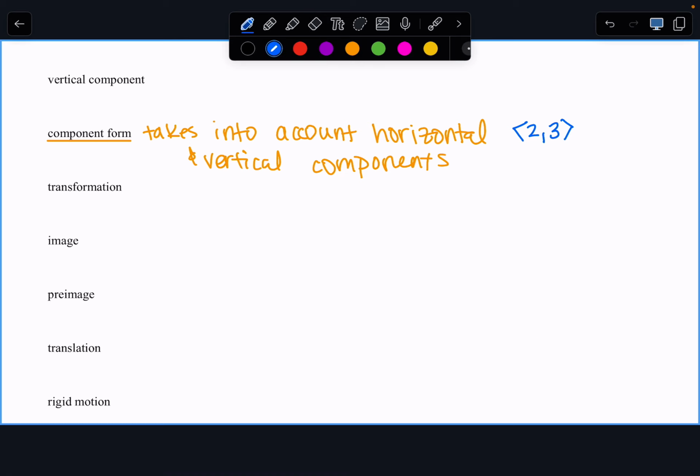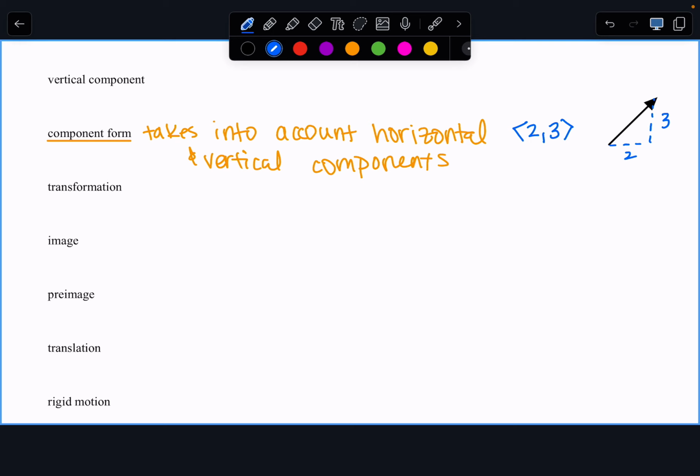Okay. So if I'm going to plot the vector <2, 3>, I am going to go over 2 and up 3. And there's my vector.